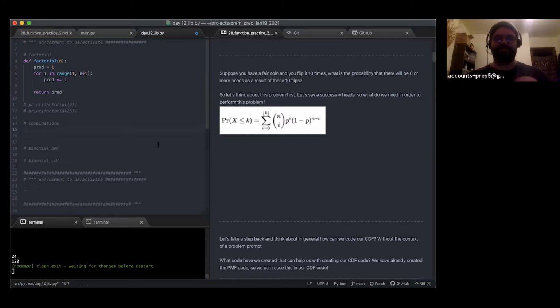Combinations. So who remembers our combinations formula? I'll give you a second for this one. If not, no big deal, but I want to give folks a chance, if you have a memory of how to do it, to get those in there.